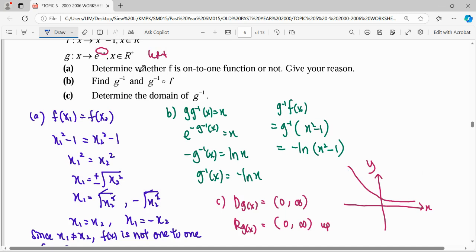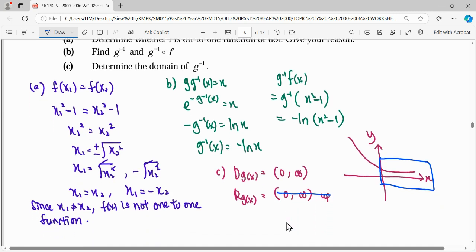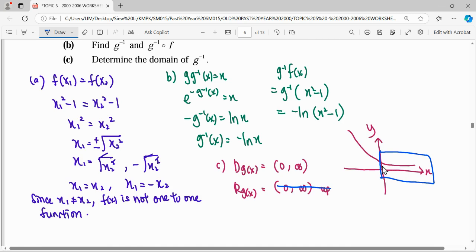Therefore, when the values here only involve positive values, we are taking this side only. Therefore, our range here is no longer taking the whole function. What is the maximum here?